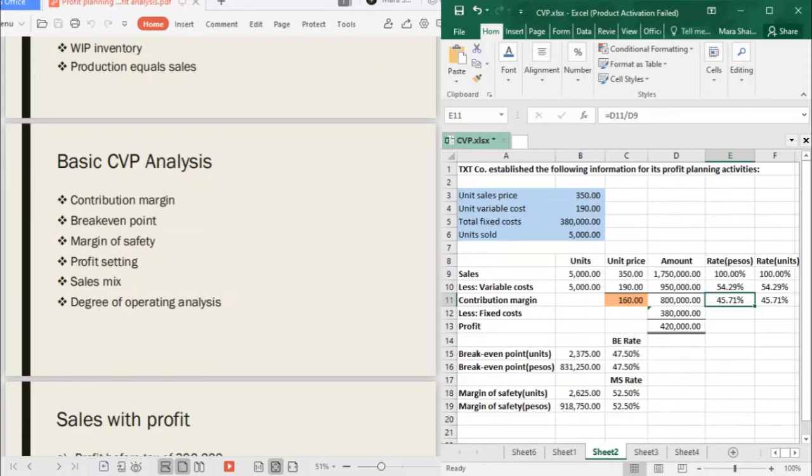Oh, before moving on to the break-even point, let's go back to contribution margin before I forget. As you can see here, even if you are given only 4 items, there are a lot of ways on how you can get your contribution margin. So, dili ra kay inanan ang way nimo sa pagkuha sa imong contribution margin, no?